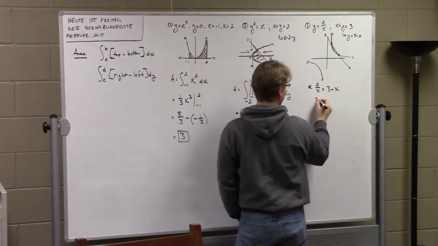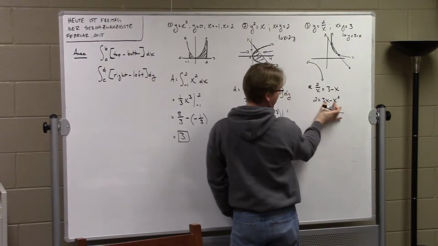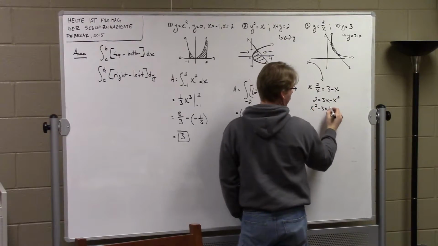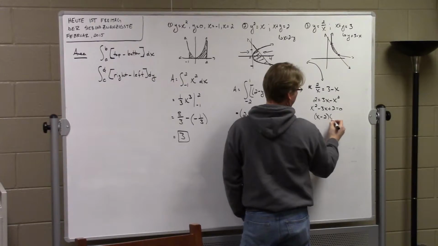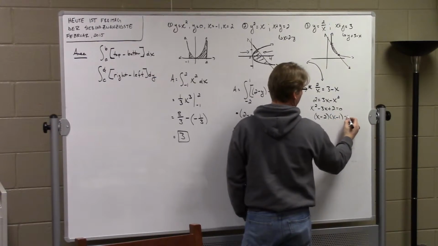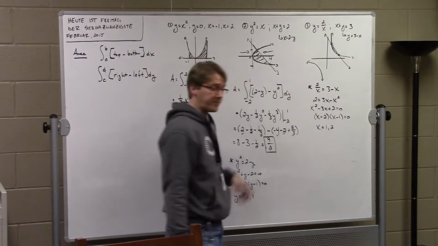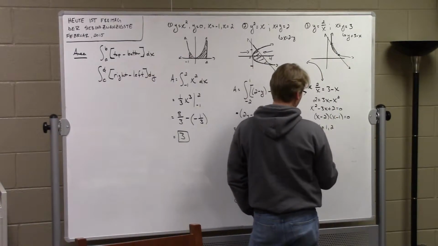Multiply by x, and you get 2 equals 3x minus x squared. I'm going to bring these two guys over to this side, so x squared minus 3x plus 2 equals 0. That factors into x minus 2 and x minus 1. So I get x equals 1 and 2. So it's a tiny window, from 1 to 2, and that's it. Makes sense there.